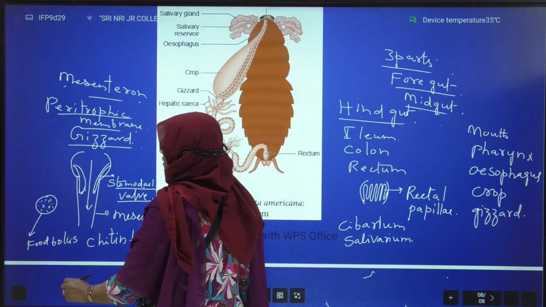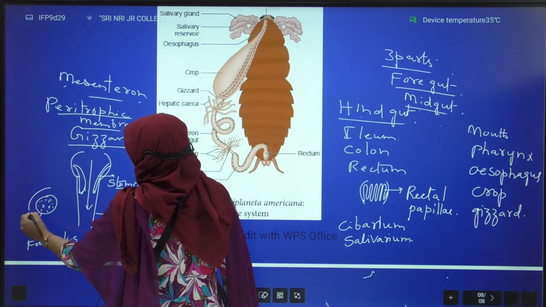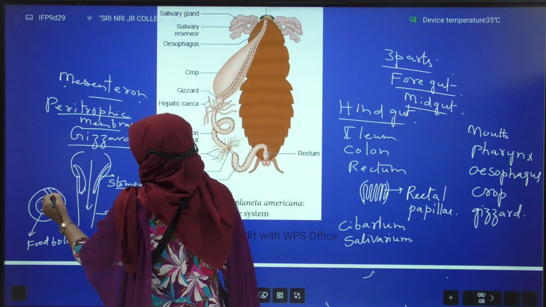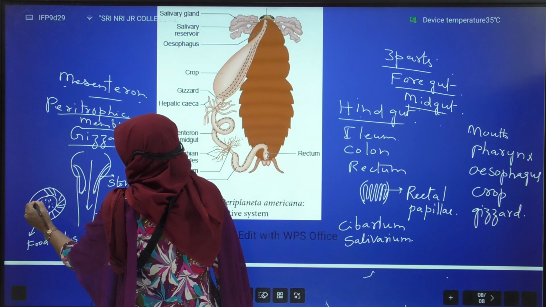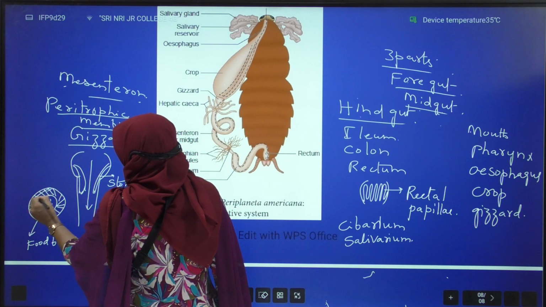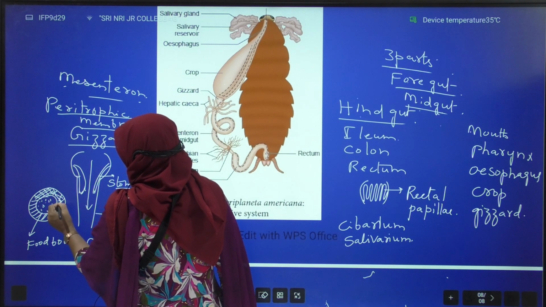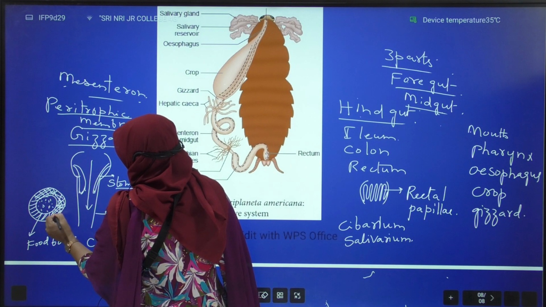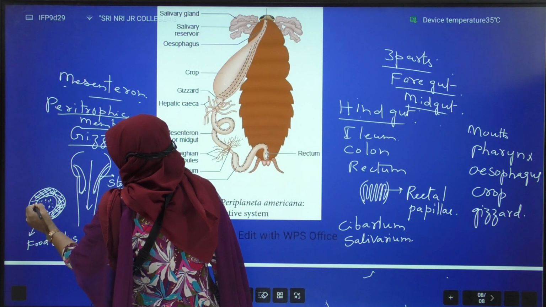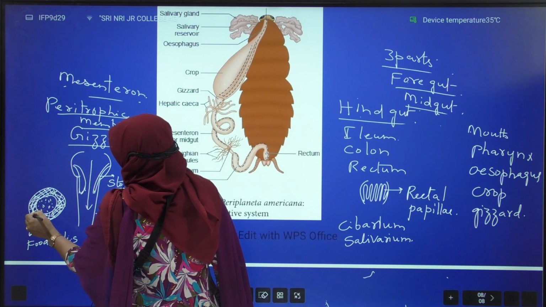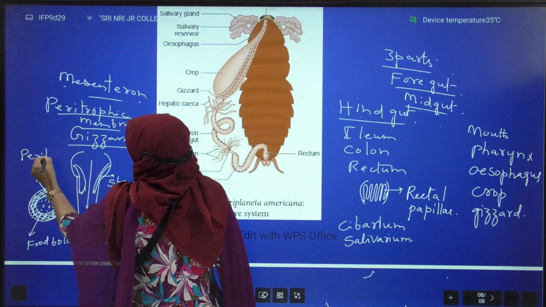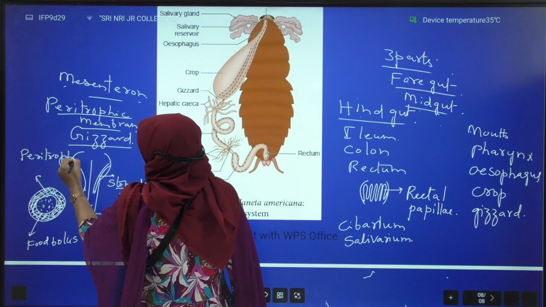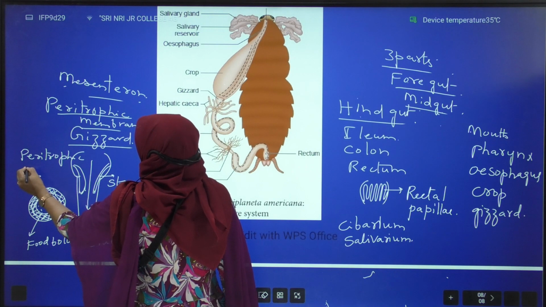This food bolus is surrounded by a porous mesh-like membrane. This porous mesh-like membrane is called peritrophic membrane. It is made up of chitin fibrils in a glycoprotein matrix and is secreted by mesenteron.